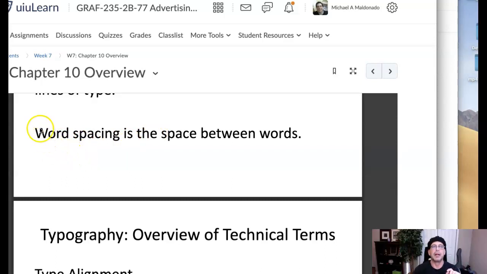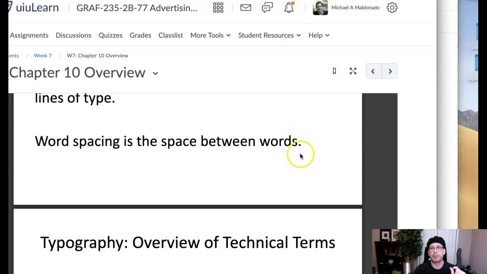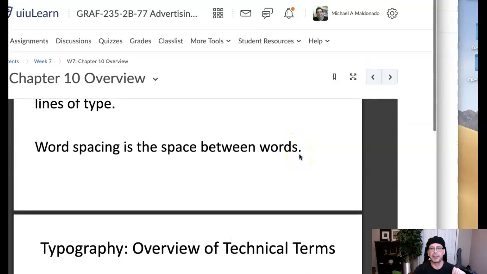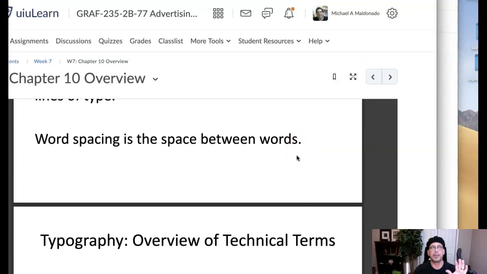Characters mean the letters and punctuation and spaces. Space is a character, guys, believe it or not. So when we count characters, we're counting all the letters, the punctuation, and the spacing. Quite often, you'll hear optimal character count for readability in a paragraph is anywhere between 49 and 69 characters.